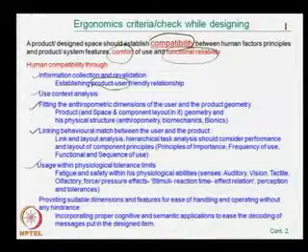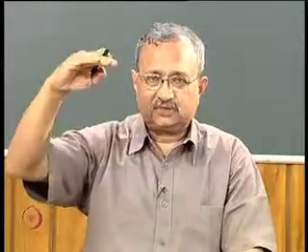Next comes usage within physiological tolerance limits. If we make a staircase where the steps are a little higher, then if I want to use that, it may not be permitted within my physiological limits.